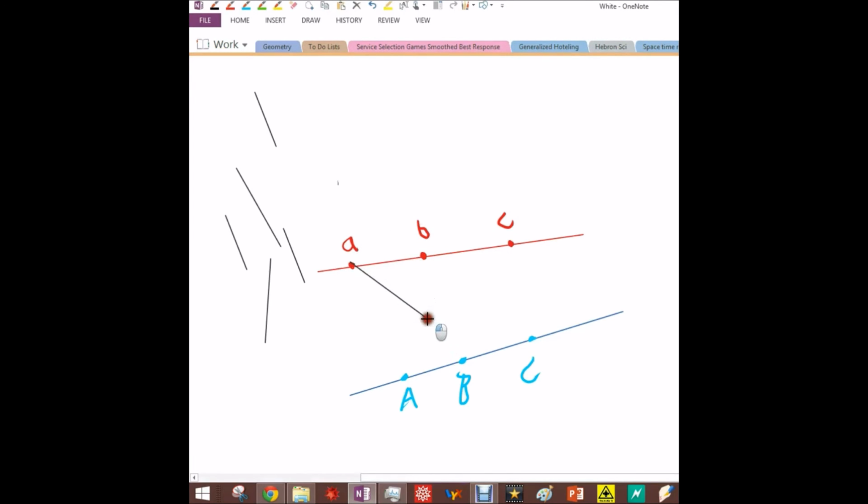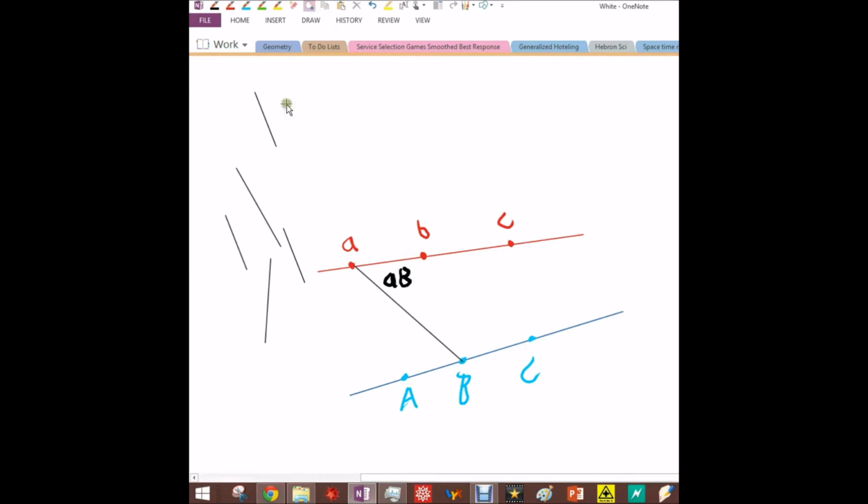We draw a line from little a to big B. We call this line little a, big B. It's a good name.